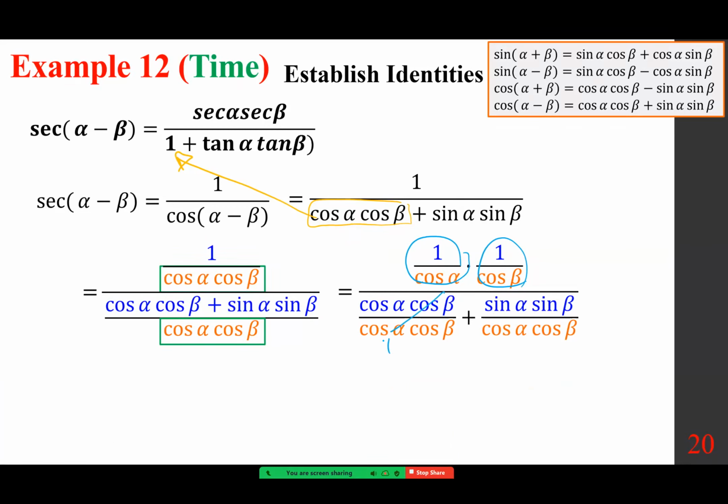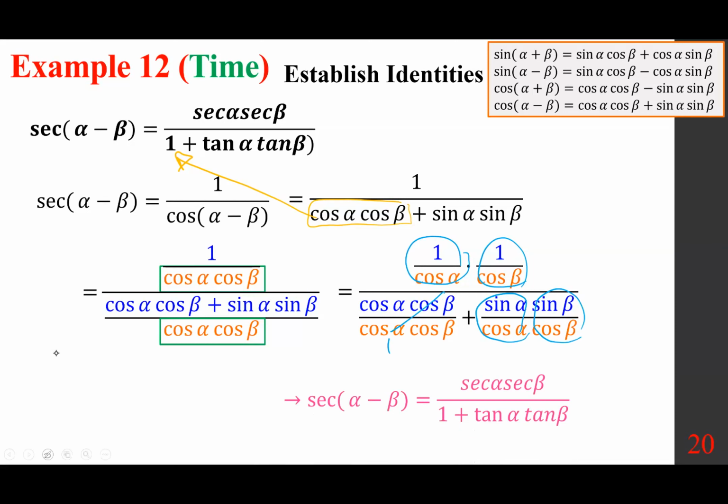This is obviously 1. Tan of alpha, tan of beta. We just proved the identity that secant of alpha minus beta equals secant of alpha secant beta over 1 plus tan alpha tan beta. We started from the left-hand side. We ended up with the right-hand side.